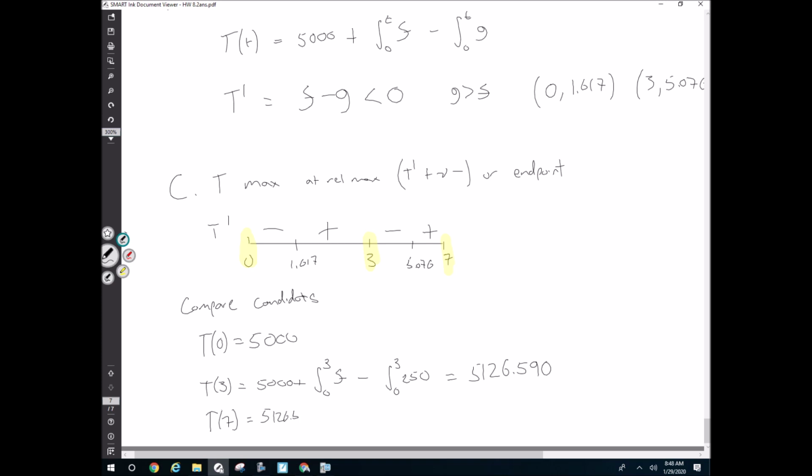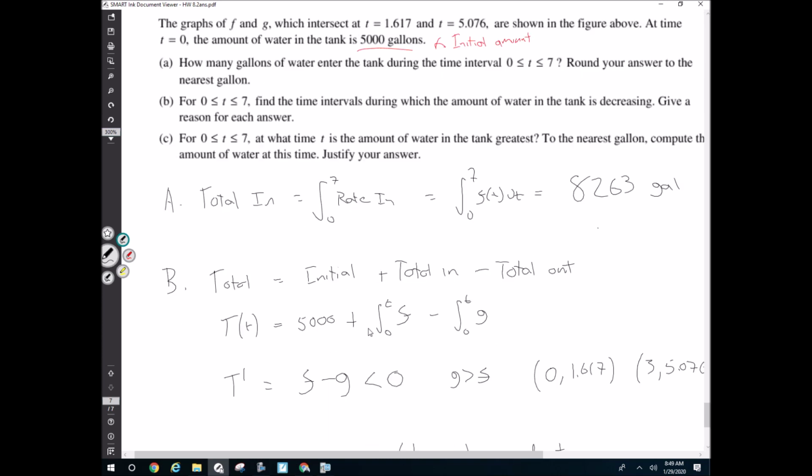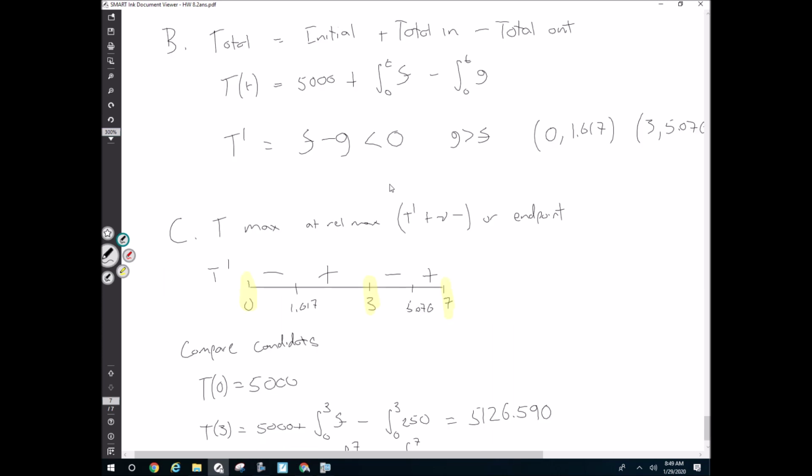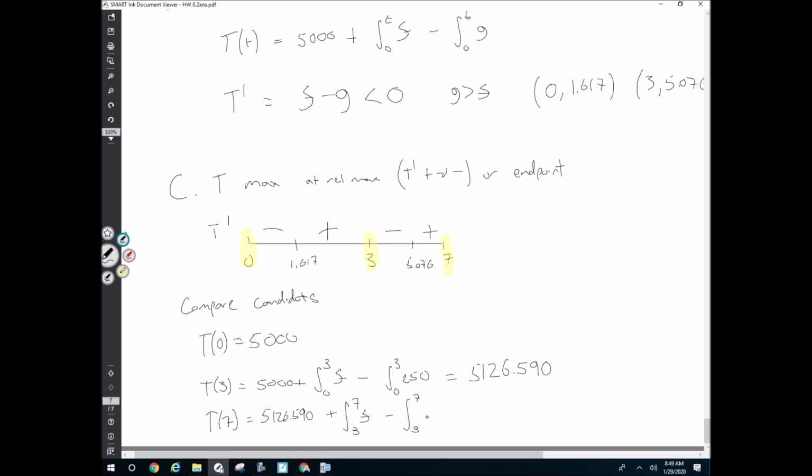This actually makes things a little bit easier. You could go just initial amount and then 0 to 7, and then 0 to 3, and then 3 to 7. But watch, the initial amount is this plus my total in starting at our initial amount minus my total out. This helps eliminate using 2 integrals. All of a sudden, I could do that.